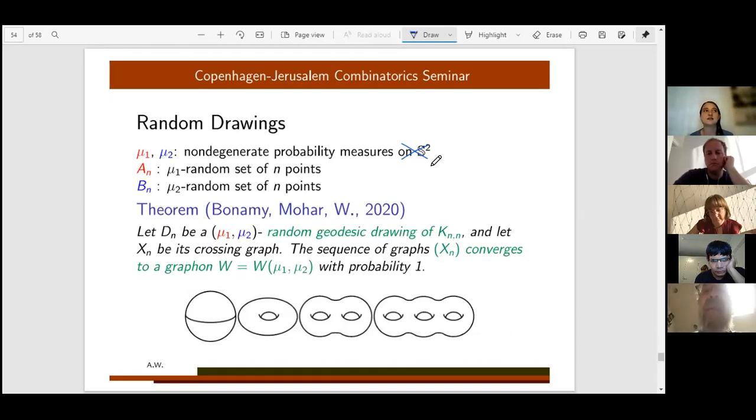Also, most of the time there should be only one geodesic to choose from, because if there are multiple geodesics, this is not going to be well defined. But basically we could do it on a torus, on a double torus, triple torus, and so on. So no matter on which surface we draw randomly with respect to some non-degenerate probability measures, the sequence of intersection graphs is always going to converge.